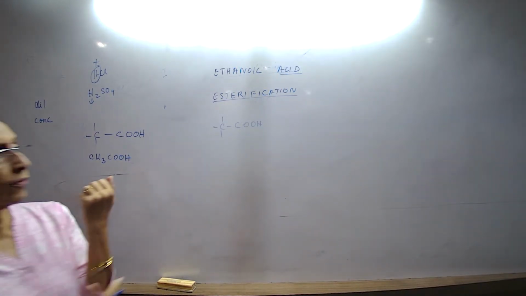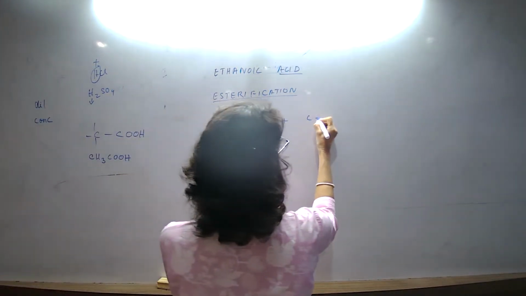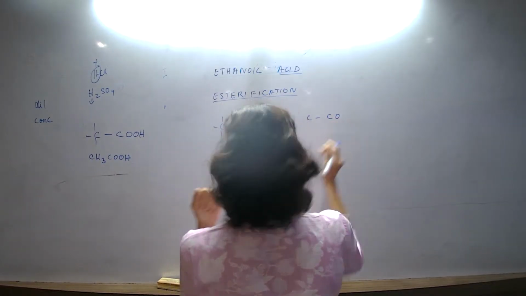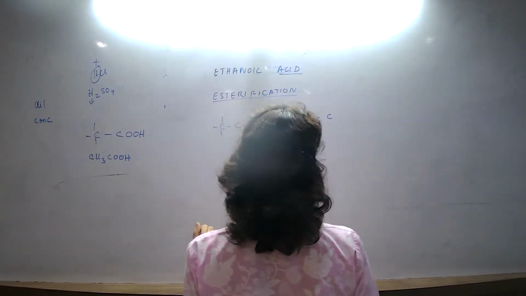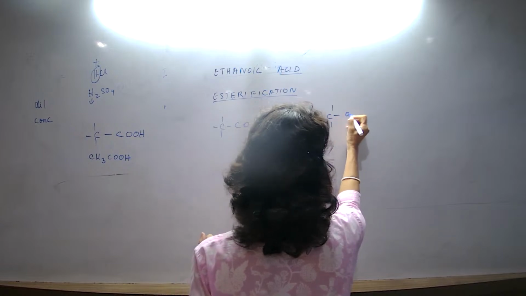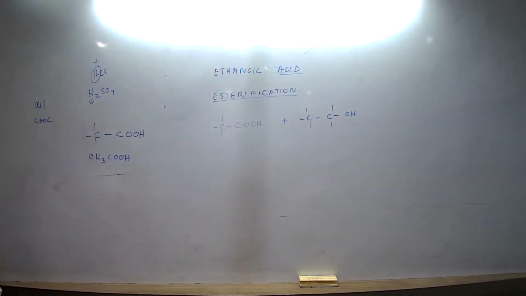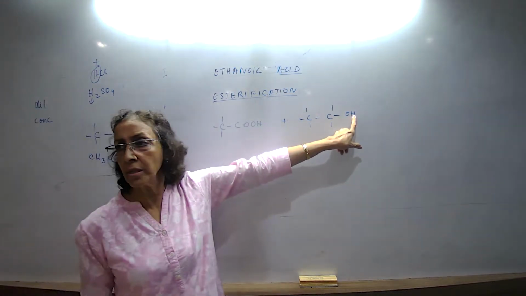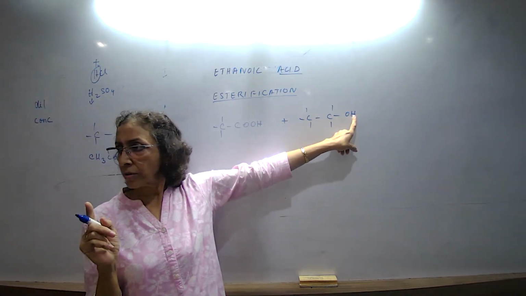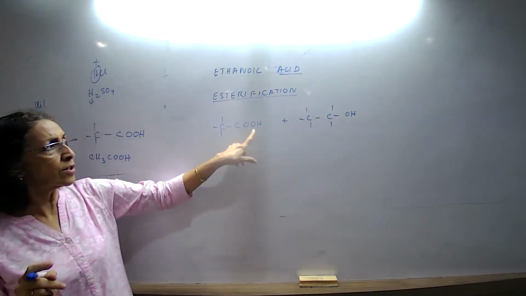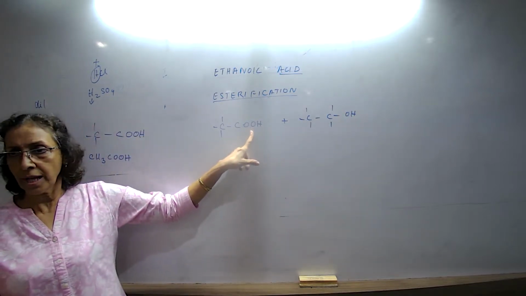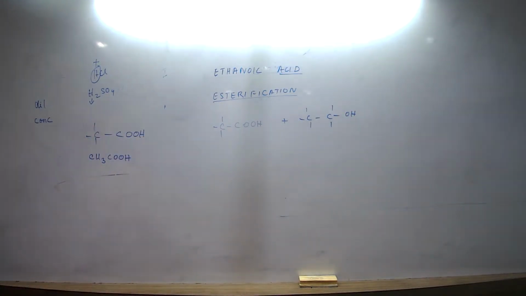Second, we have taken ethanol. Did you notice the functional group? Here the functional group is OH. So when this begins to react, you get an ester. It is esterification.